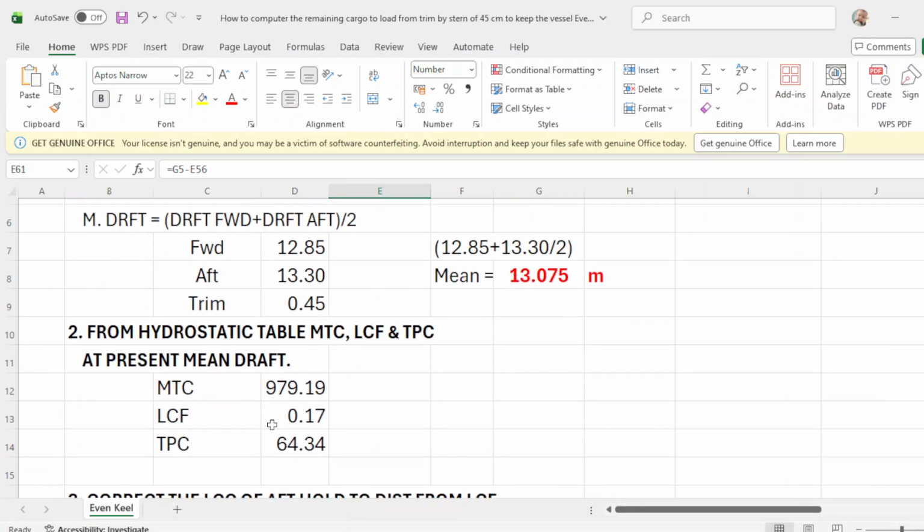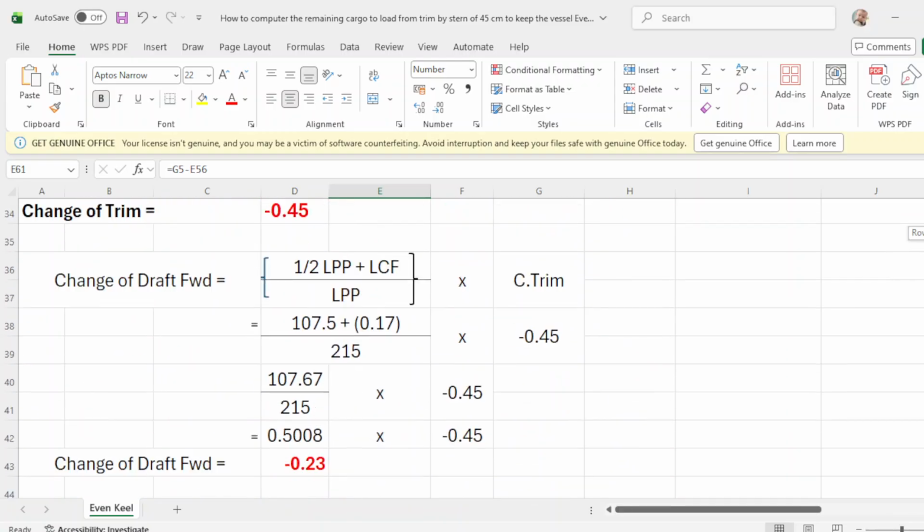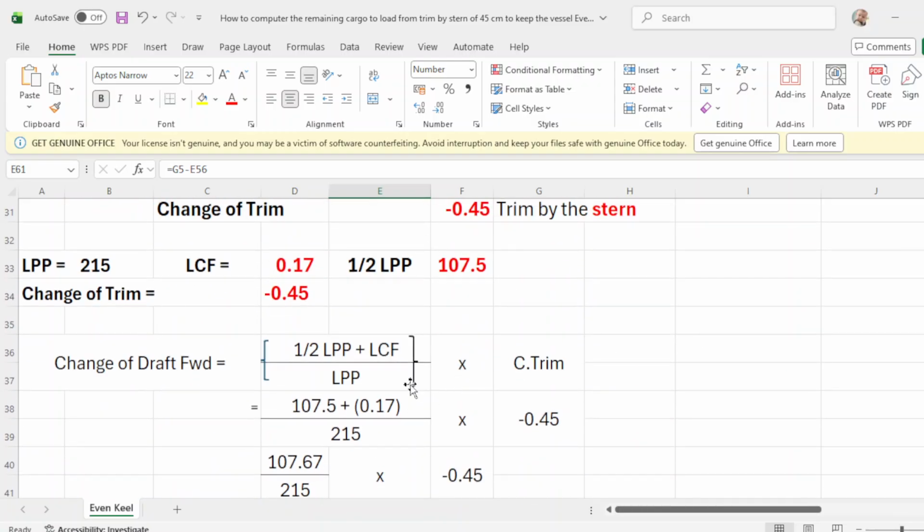LCF is 0.17, over your LPP of 215, and your change of trim of negative 0.45.